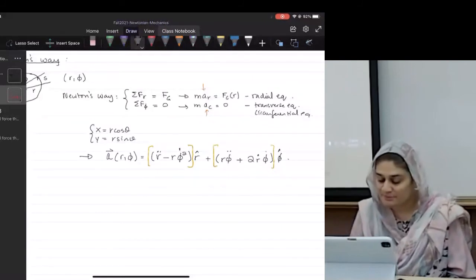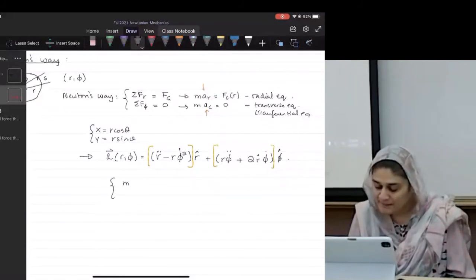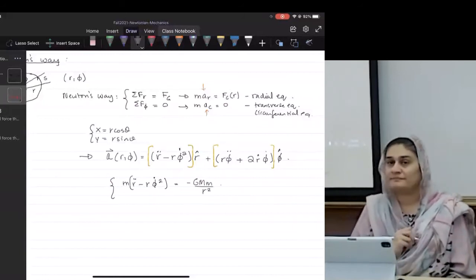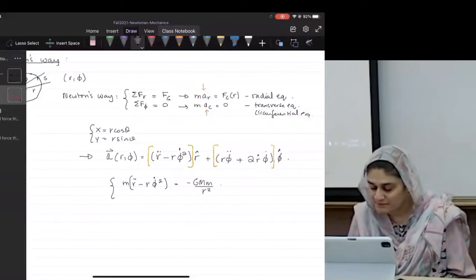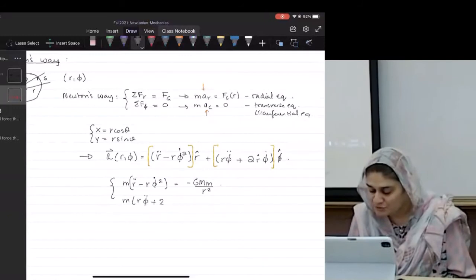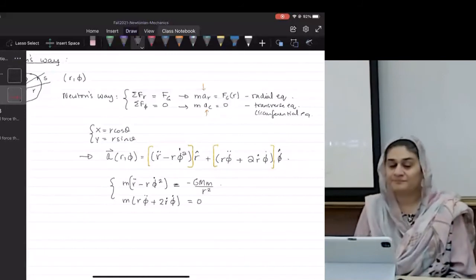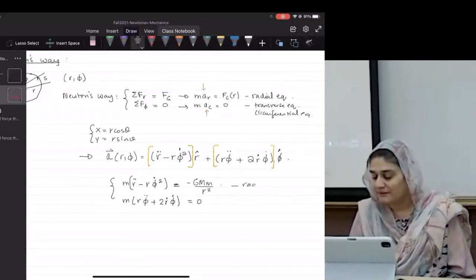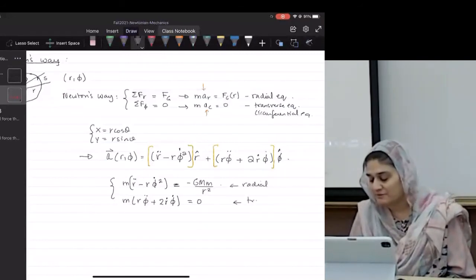So the two equations above will then become m(r double dot minus r phi dot squared) equals F_G, which was minus G M m over r squared. And this one will become r phi double dot plus 2 r dot phi dot equals 0. This is called, again, the radial equation, and this is called the transverse equation.